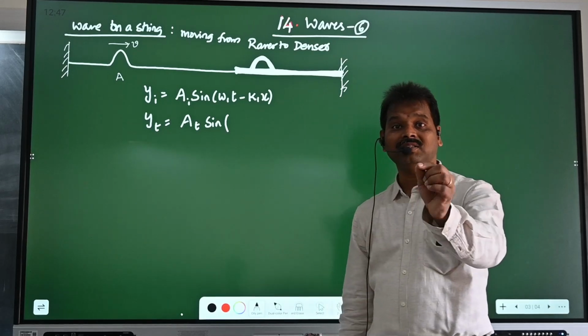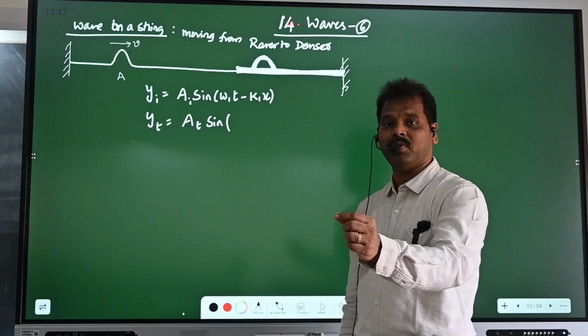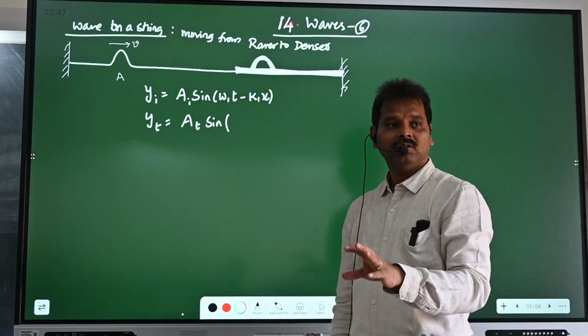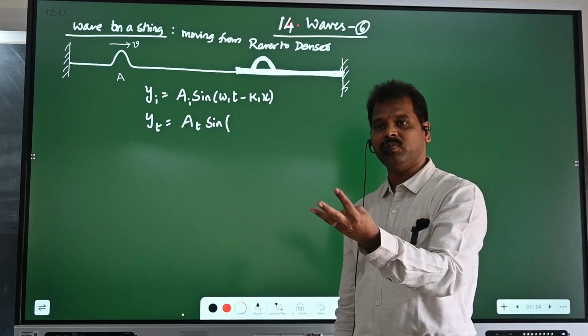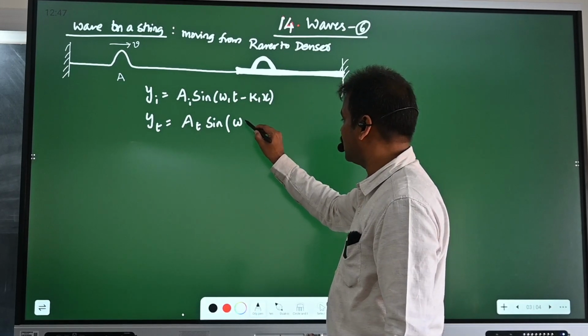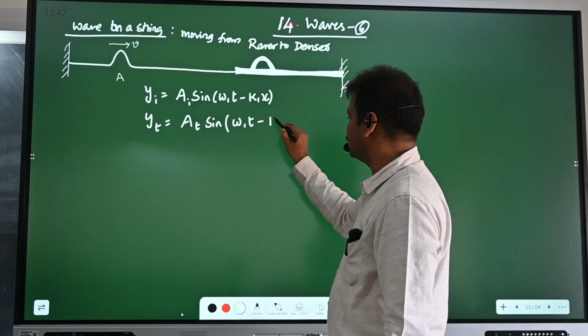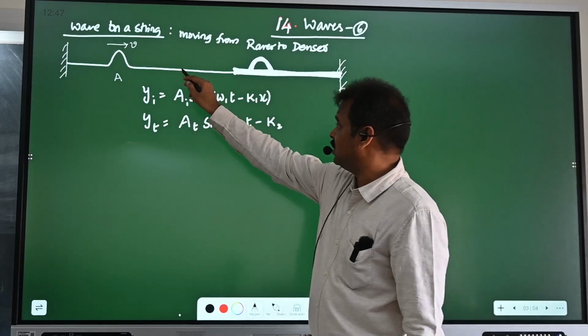Whether omega changes or not from one medium to another medium, see the table. Frequency never changes, so omega also never changes. Omega is 2 pi f, so if f is not changing, omega is also not. So it is omega 1 t only, minus k2 x.